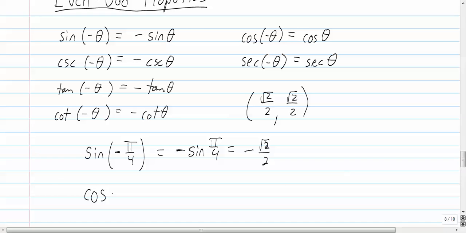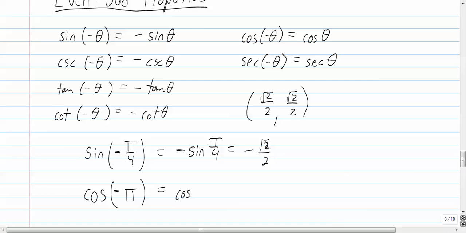Like the cosine of, let's say, negative pi. Now you could just add 2 pi to that and go on with that, but we can also, using the even odd properties, if you take the cosine of a negative angle measure, you can just drop the negative sign.